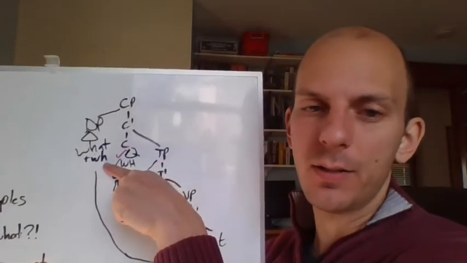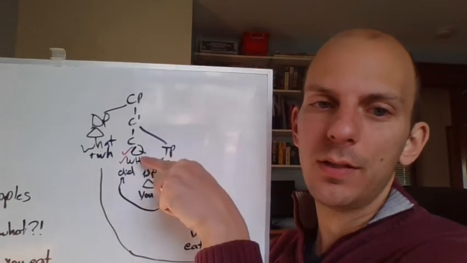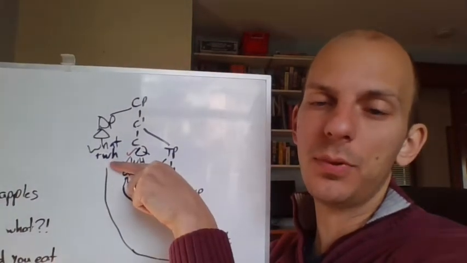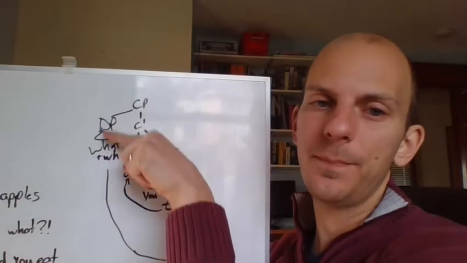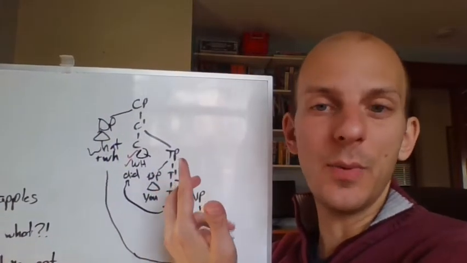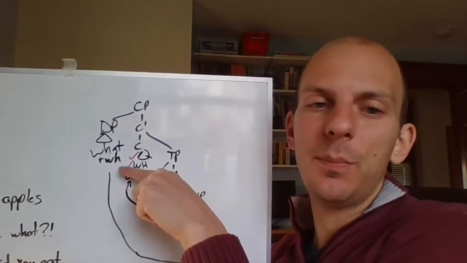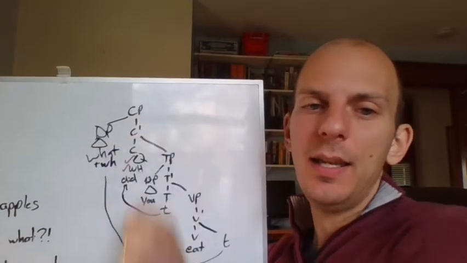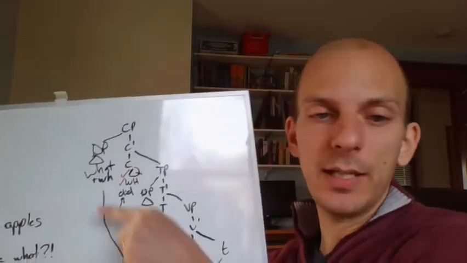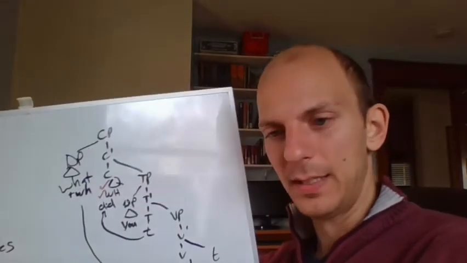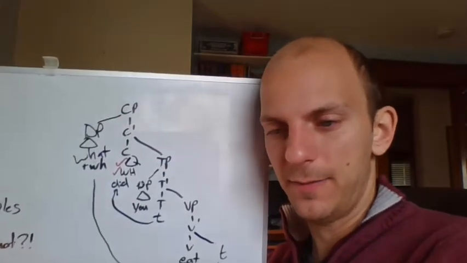The access card is the plus WH feature. So this WH feature over here in the C head says, give me a plus WH DP or a plus WH constituent, doesn't always have to be a DP, give me a plus WH constituent in my specifier. And when that happens, like we have right now, this is checked. It's feature checked.